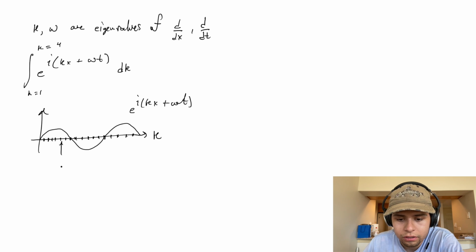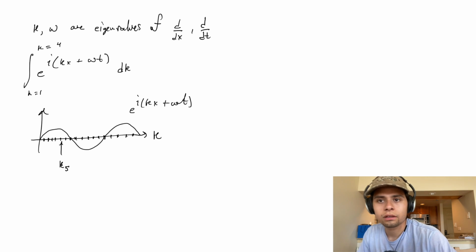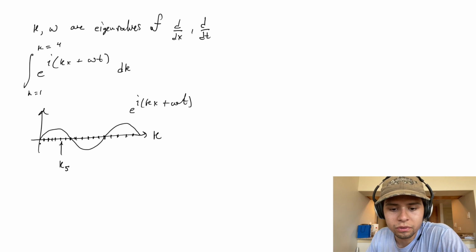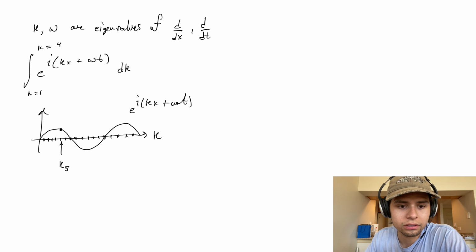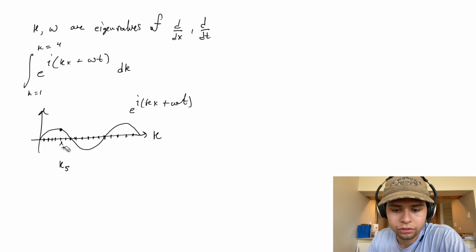So right here is k sub 5, our fifth eigenvalue from 0, and that corresponds to this value here. Actually, we want to go to 4, so I'll make this a little better.